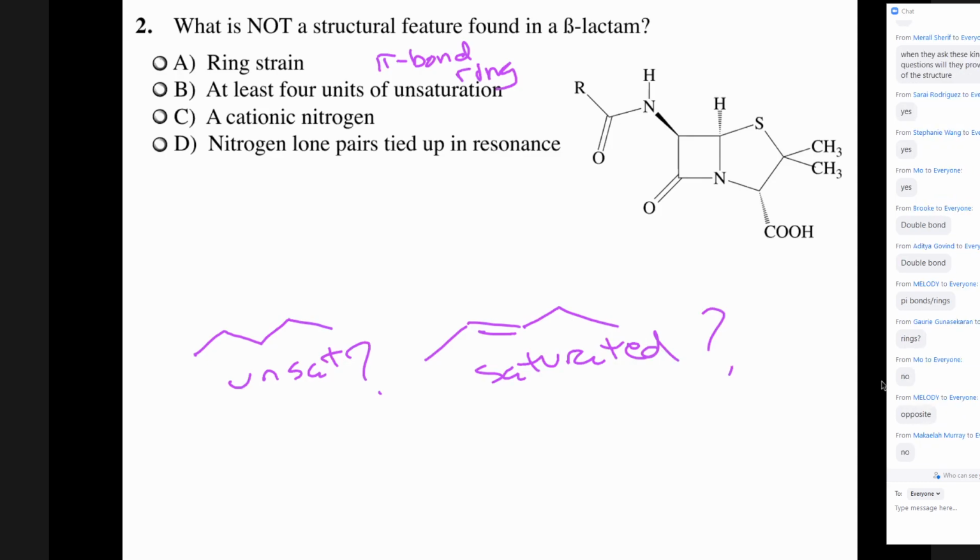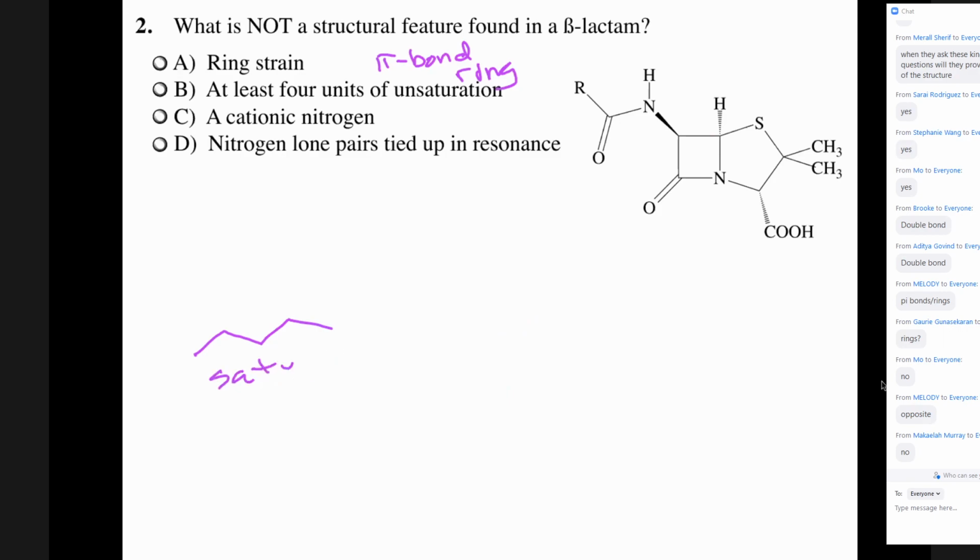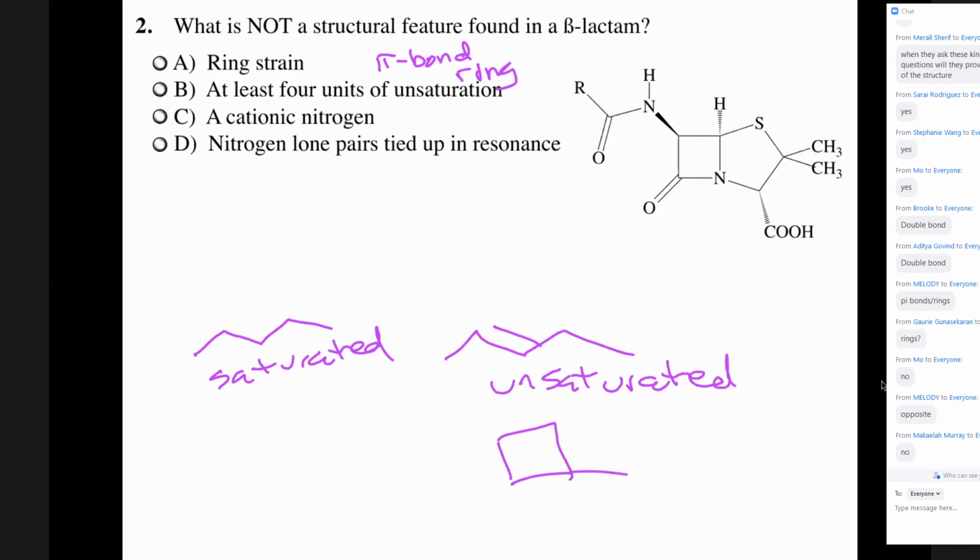Nope, completely backwards. Saturated with hydrogens. So this is saturated. That would be an unsaturated fat or unsaturated alkene. But also, those are both unsaturated, meaning they don't have the maximum number of H's for the carbons. So pi bond or a ring.